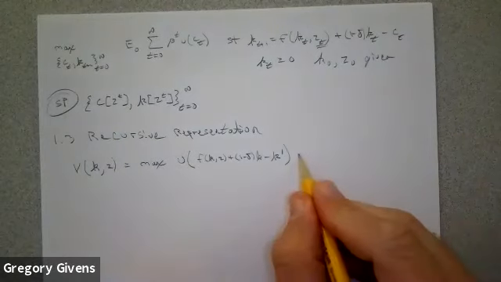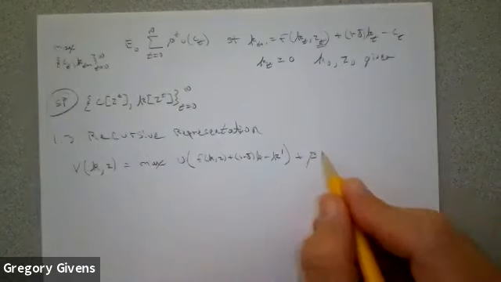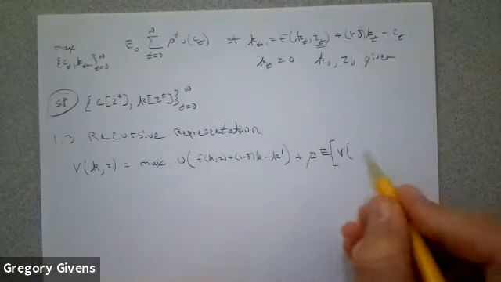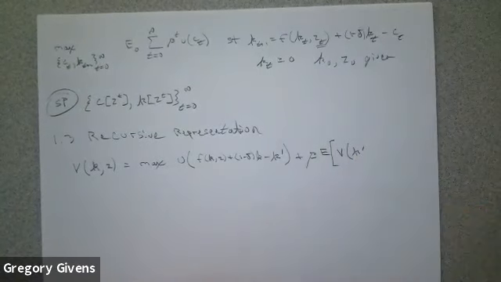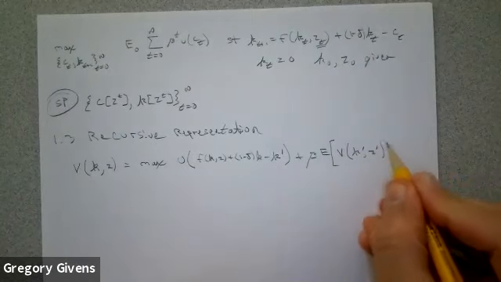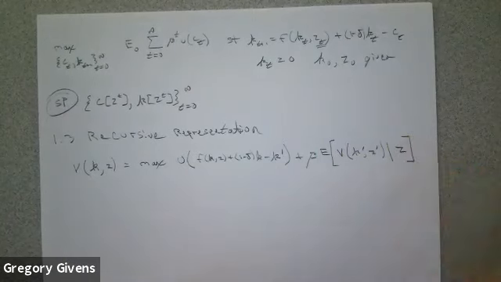Plus the discounted value of the expected continuation return. Be careful, the expected value of V of K prime, Z prime, conditional on what the planner knows about the current realization of the shock, Z.